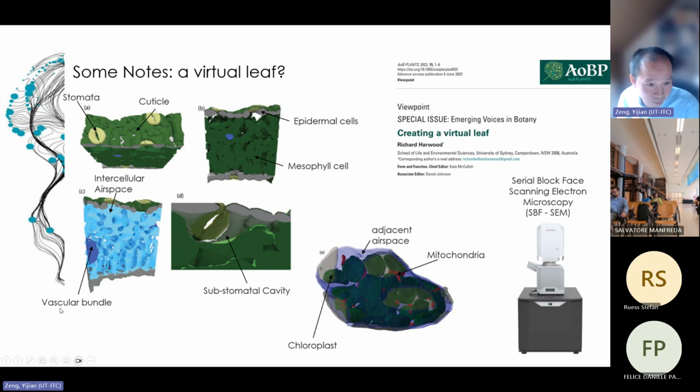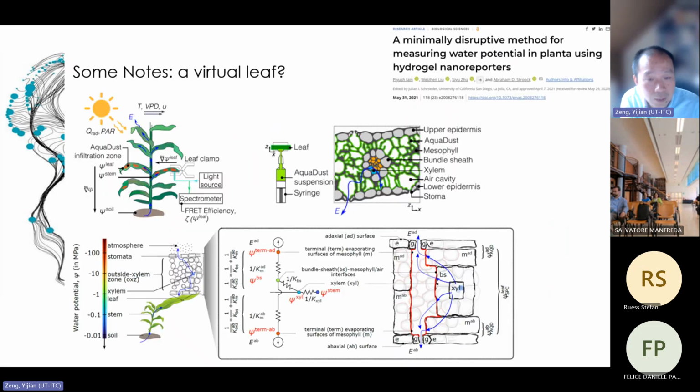We can visualize the vascular bundle. We can also see chloroplasts and all kinds of things. Which means we can create a virtual leaf, because this is linked to the soil plant digital twin. You can call this a digital twin for the leaf. And this is structure.